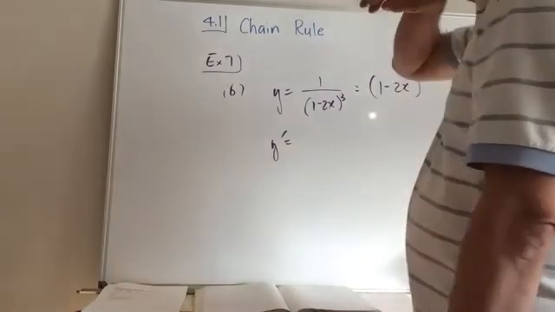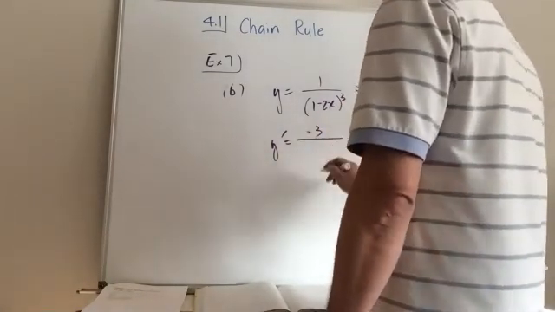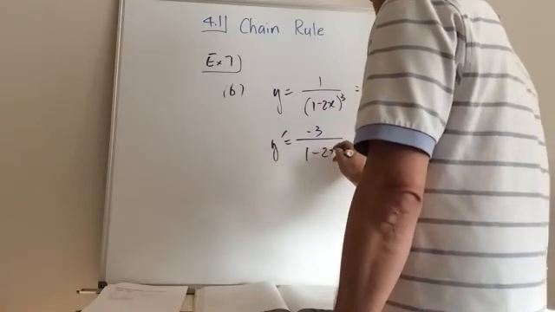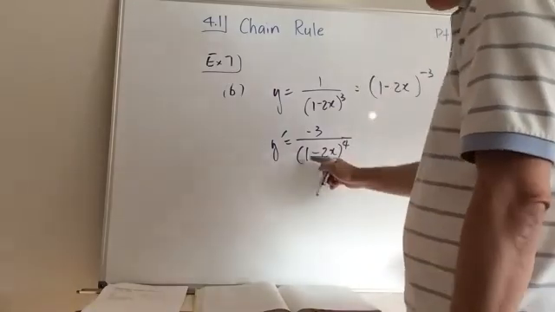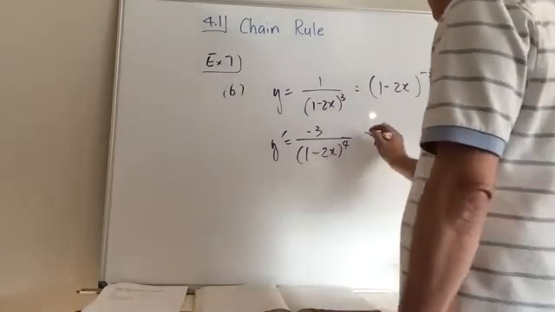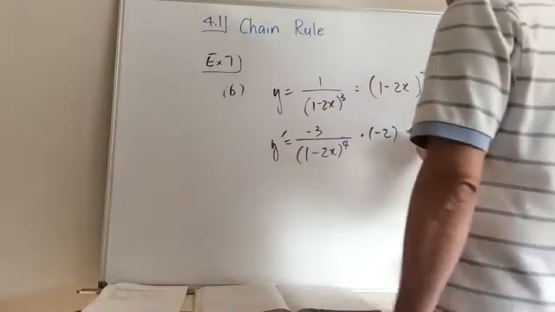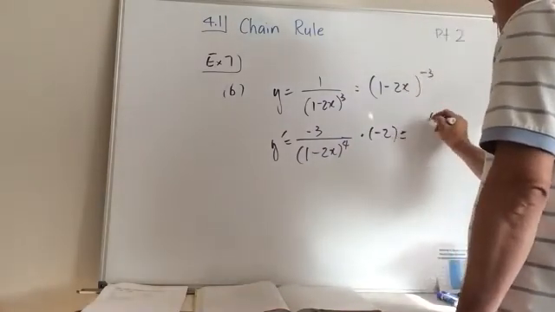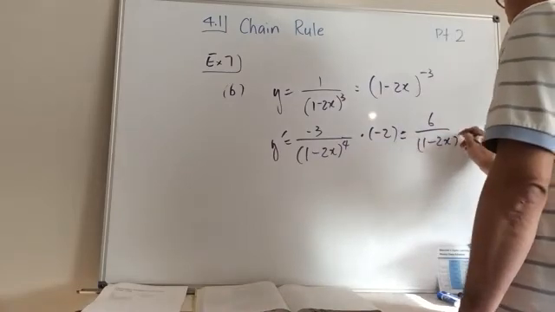I take the derivative and get negative 3 times (1 minus 2x) to the negative 4th. Then I have to take the derivative of the inside, which is negative 2. So I basically get 6 over (1 minus 2x) to the 4th.